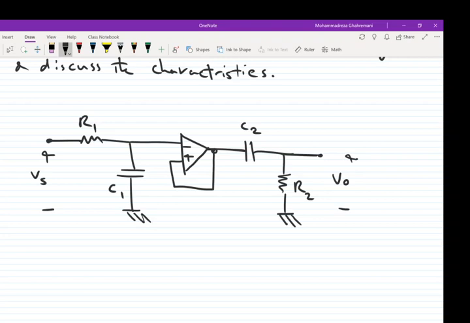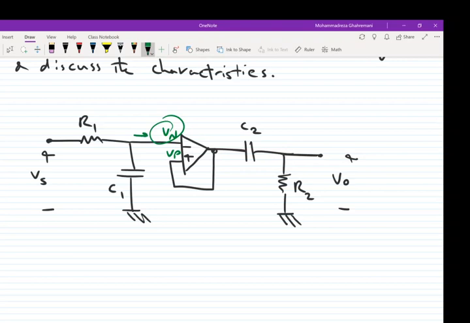Okay, this one is the circuit. How can we solve this circuit? The first thing, we should define Vn and Vp. Vp gets the feedback from the output, so we don't know the value of Vp, but Vn is definitely known.